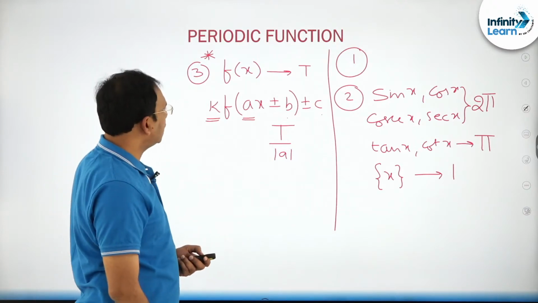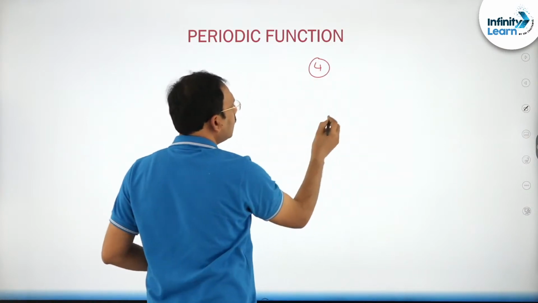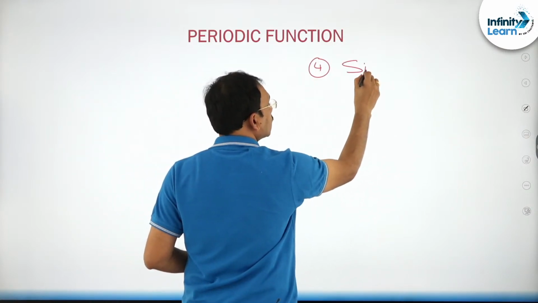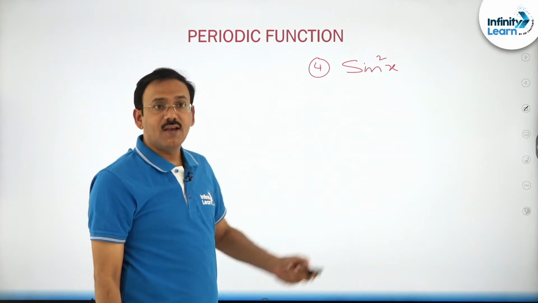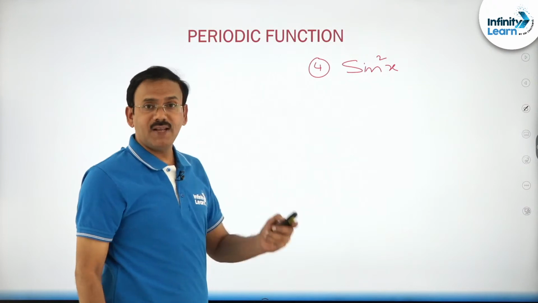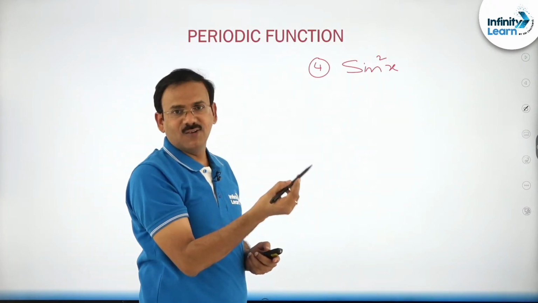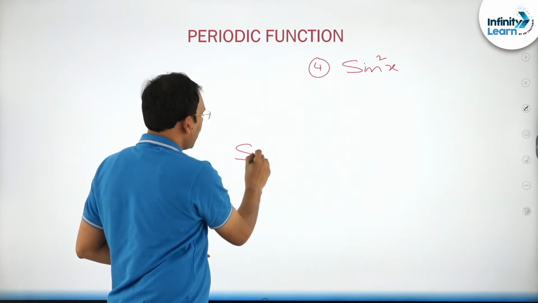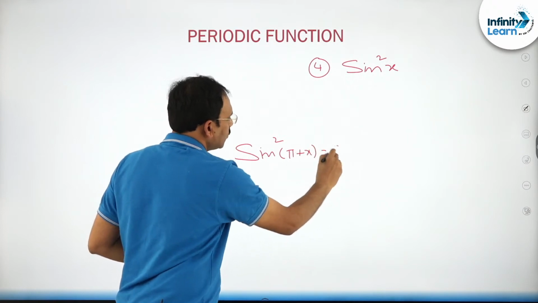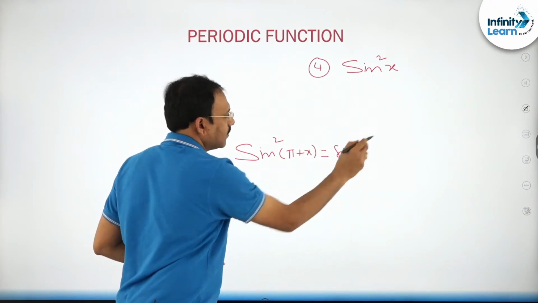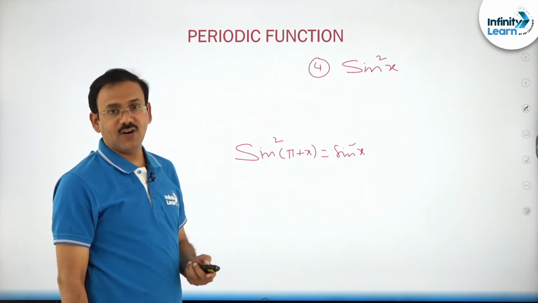So, after this point friends, you can observe point number 4: what could be the period of sin square x? Undoubtedly 2 pi is okay, but even if I take pi plus x, sin of pi plus x is minus sin x, and the square is there, no? So, sin square of pi plus x will also be sin square x, the same function comes. So, friends, sin square x has period pi itself rather than 2 pi.